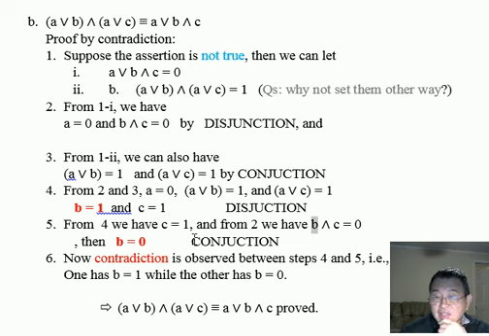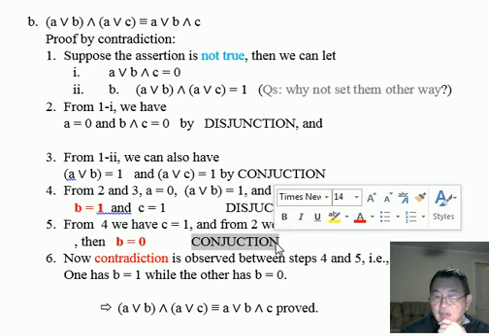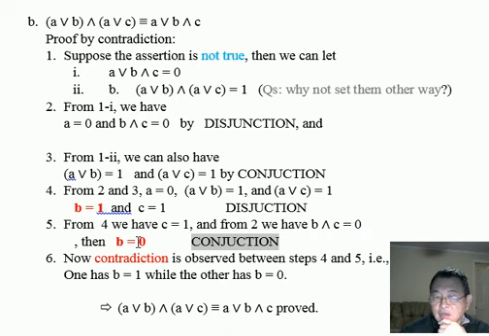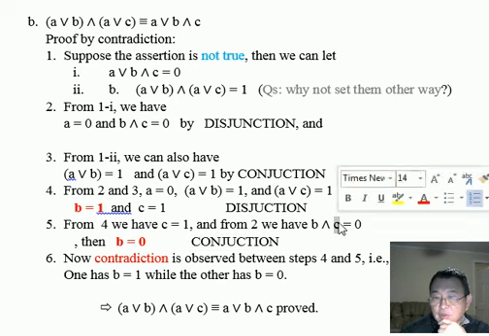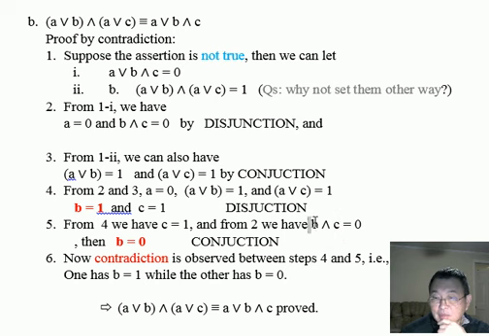The reason to get this step, I will put it here in capital. So B equals 0 because C is 1, and you have from 2 that B and C is 0. So because that is 1, the problem must be this one. That must be 0. So B equals 0. Then everything follows strict logical rules derived from this point.